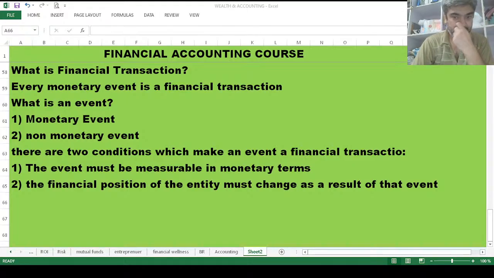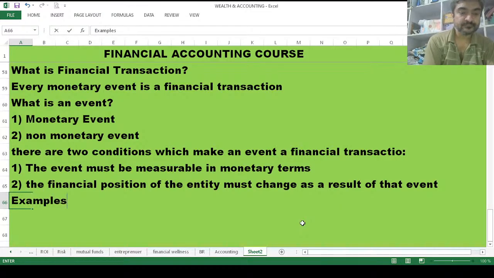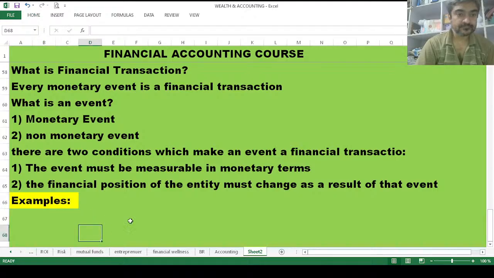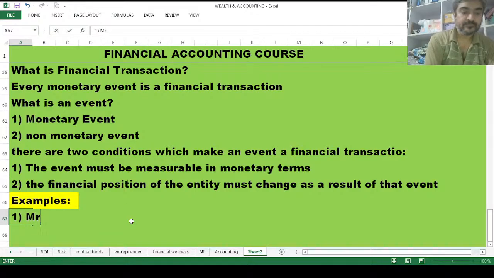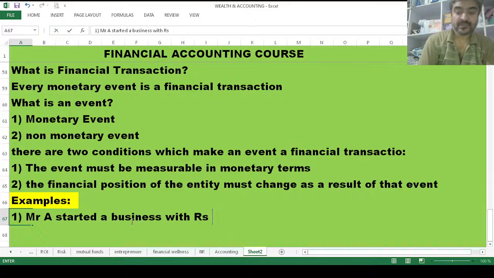Number one example is Mr. A started a business with rupees 50,000.